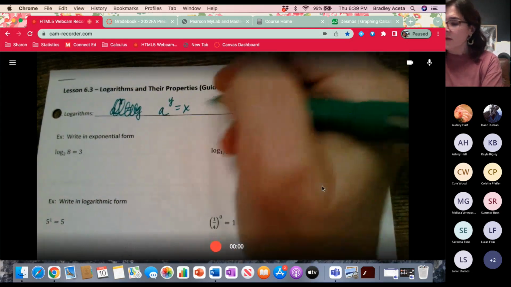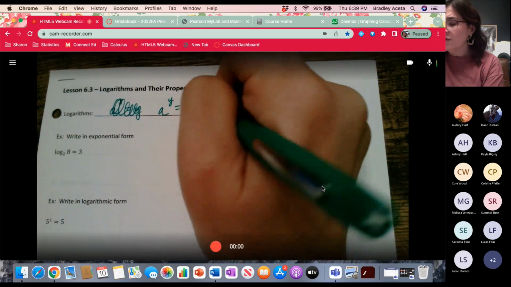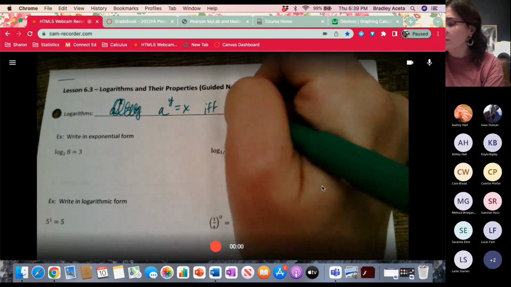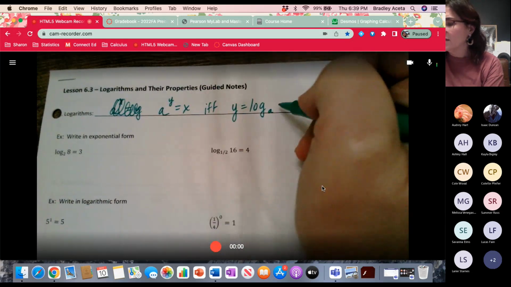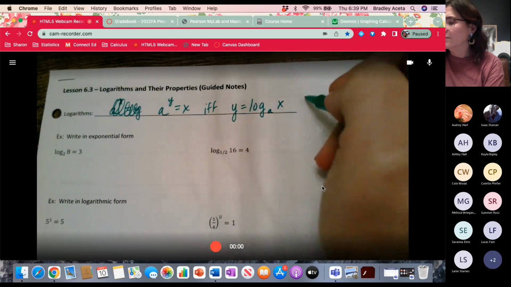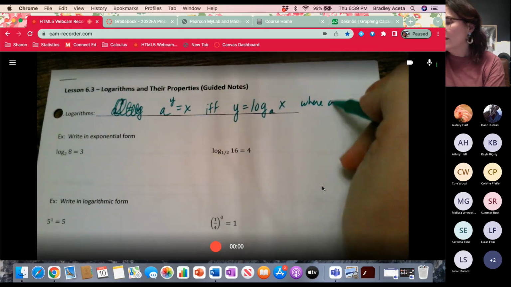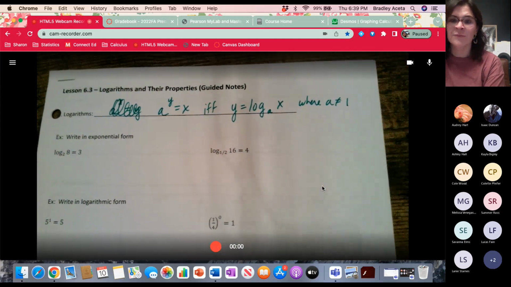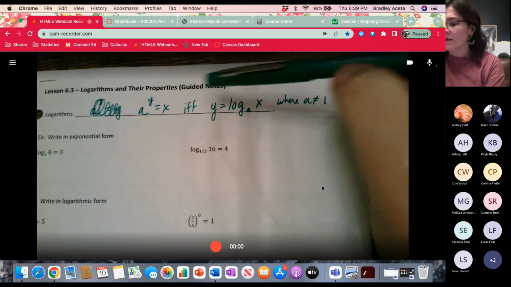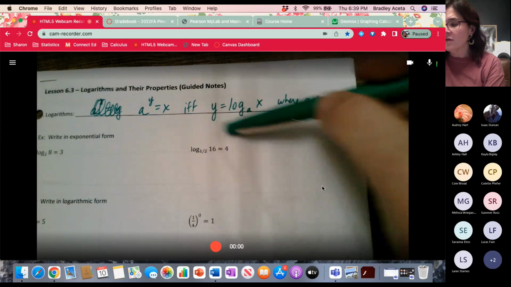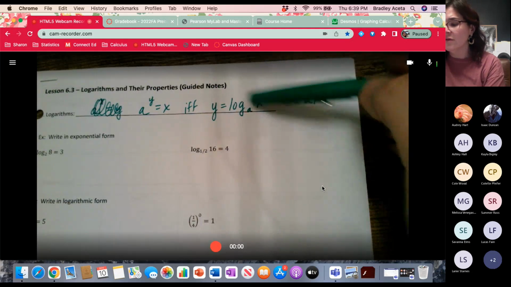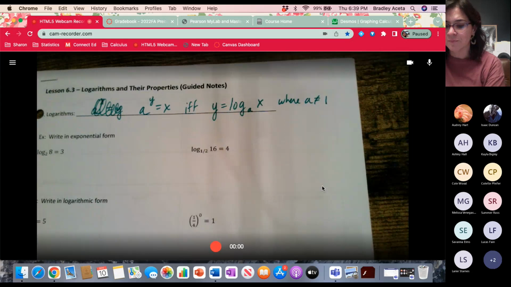This is true if and only if y is equal to the log base a of x, where a cannot equal 1. So you can write any exponential as a logarithm, and you can write any logarithm as an exponential.